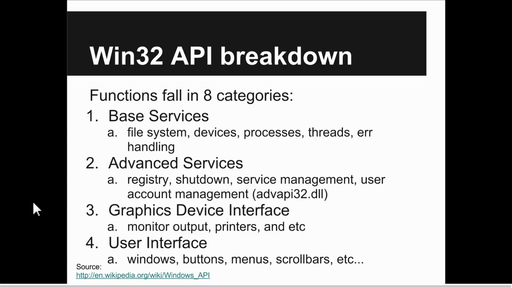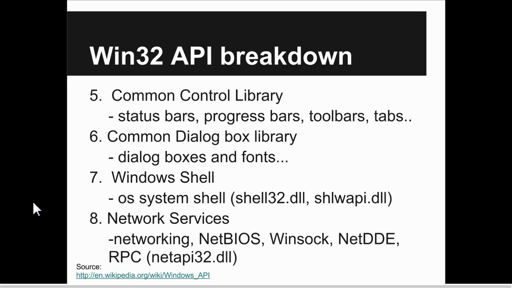Then, aside from that, there's the user interface, so Windows, buttons, menus, scroll bars, etc. There's also the common control library, which basically handles loading bars, status bars, toolbars, and tabs. It's very related to the user interface library. Then the common dialog box library is basically dialog boxes like, Windows encountered an error. Would you like to send Microsoft some info so we can not do anything about it?